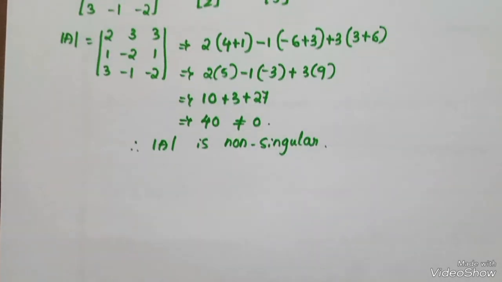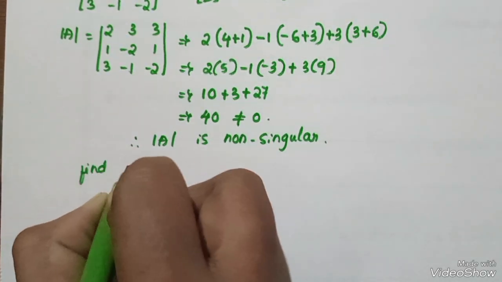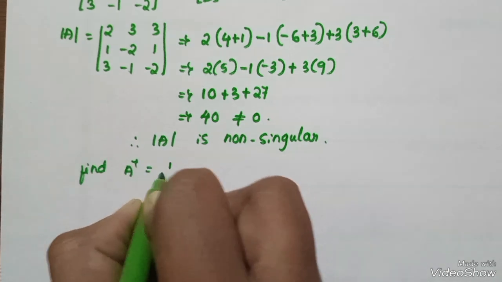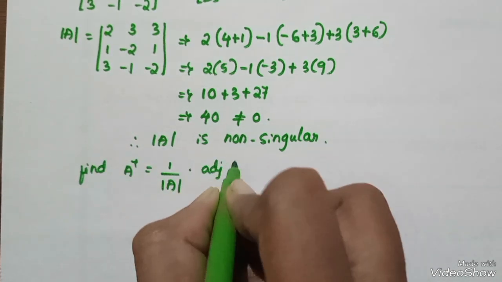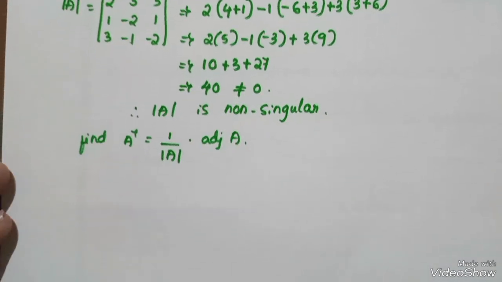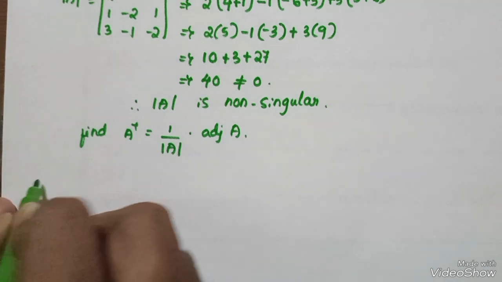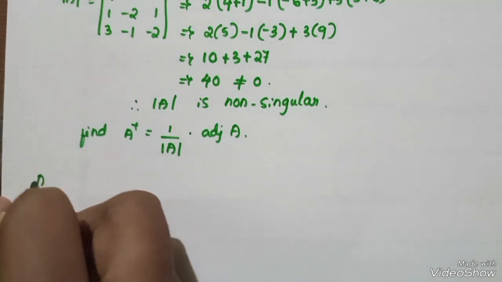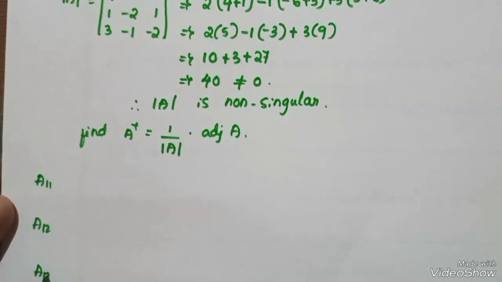Now I have to find the A inverse. A inverse is 1 divided by determinant of A into adjoint of A. I am finding the adjoint of A directly by considering the cofactors A11, A12, A13.